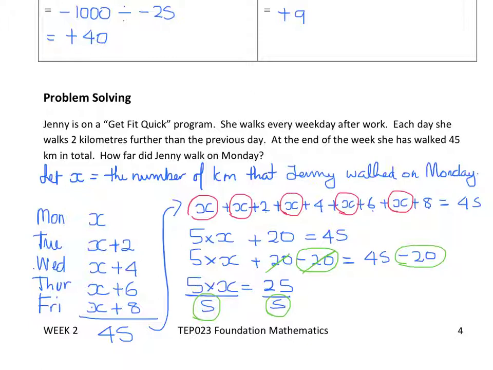Five divides into 5 once, so it cancels out. We're left with just x on the left hand side, and on the right hand side 5 divides into 25 5 times. So that gives us an answer for x. X is equal to 5 kilometres, the distance that Jenny walks on Monday.